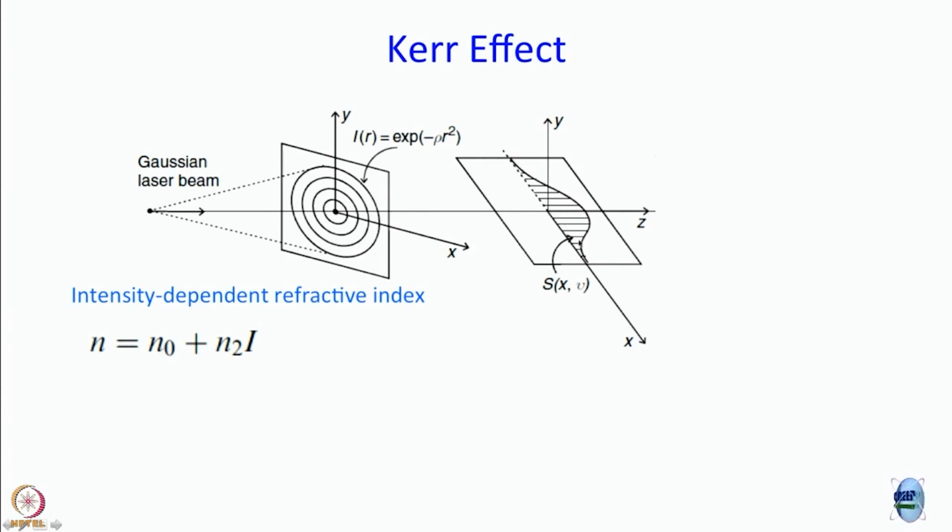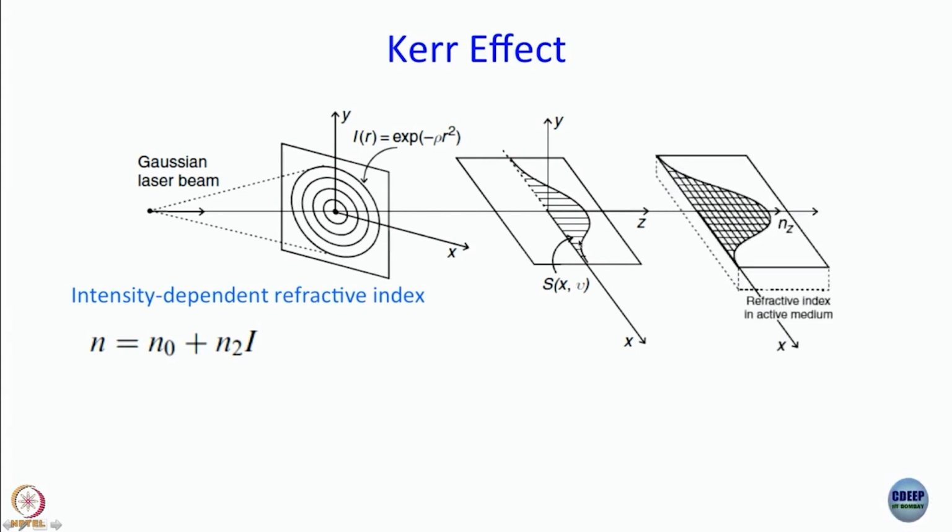So, for a sufficiently intense beam, the refractive index will also fall off in the same manner. Refractive index will not be the same across the beam profile in the medium. Are we clear? Is there a question? So, you are going to have this kind of a Gaussian variation of refractive index in that medium.